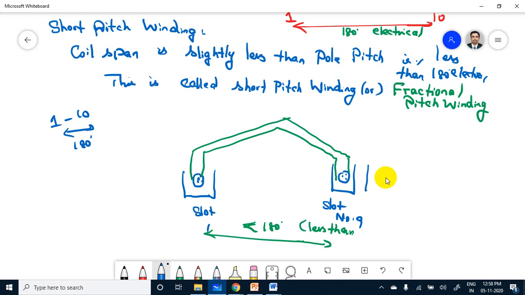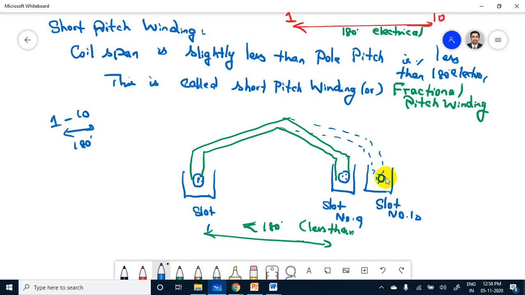Usually, slot number 1 should be connected only to slot number 10. If slot number 1 is connected to slot number 10, that is full pitch.